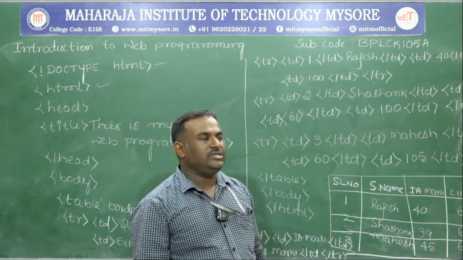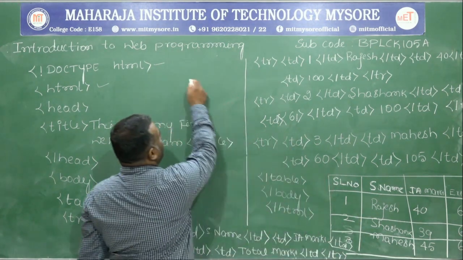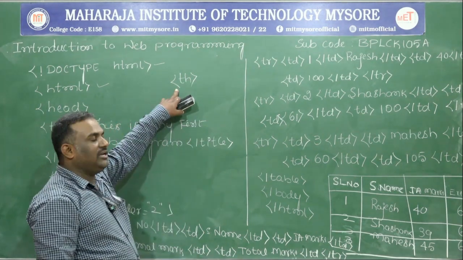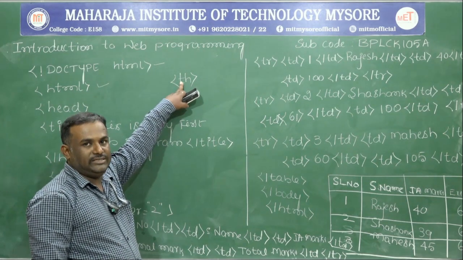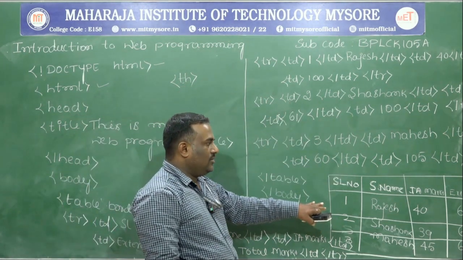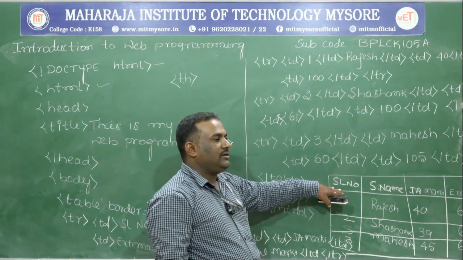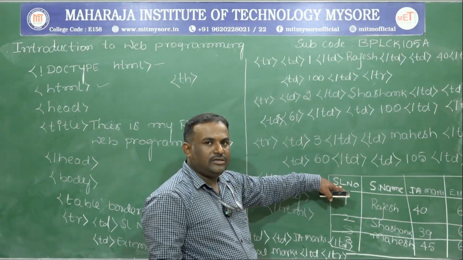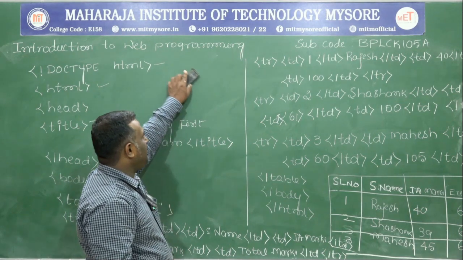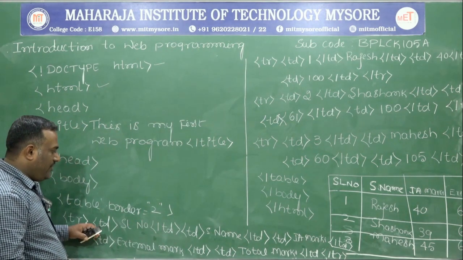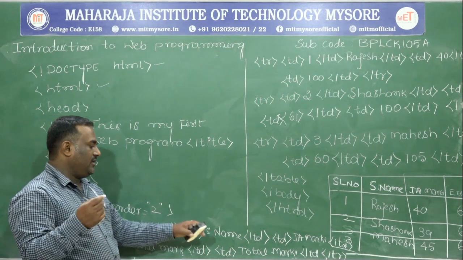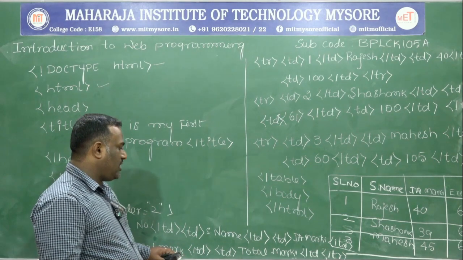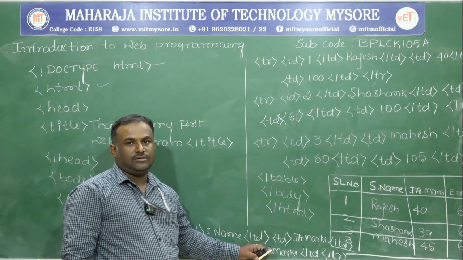That is done by using the element called th. The th element stands for table headings. Okay, in this table, the first row is the table heading data. The table heading data is done by using the th element. In the first row, we have the serial number data and then student name, IA marks, external marks and total marks.